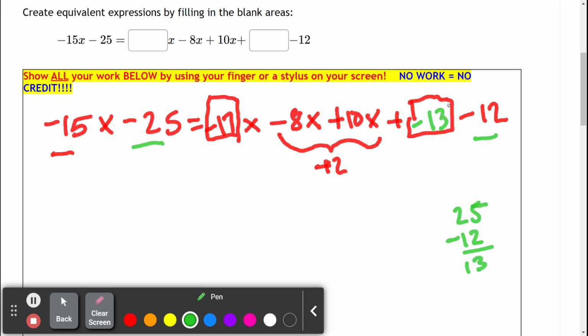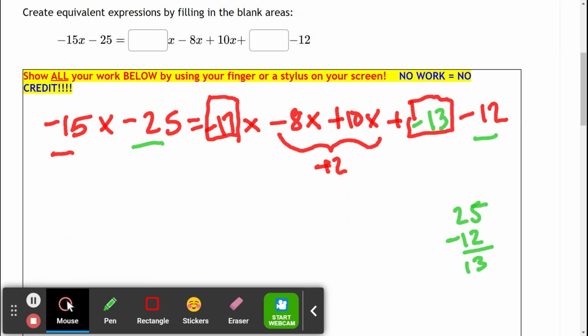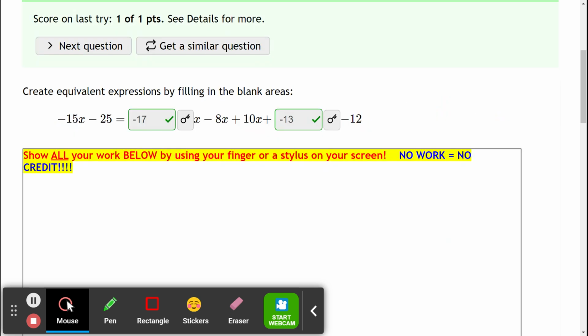And there we go. Because -13 minus 12 is -25. And then all the x's put together give me what I need. So that's -17, and then this is -13. And there we go.